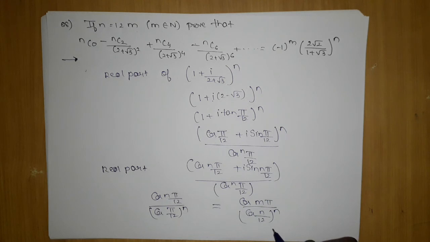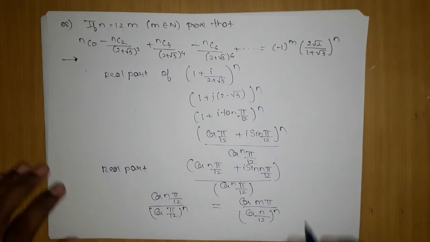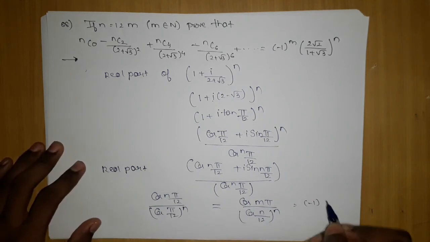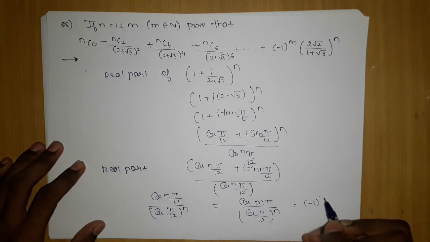Now you know cos m pi means cos of pi multiples, 1 pi, 2 pi, 3 pi, 4 pi, so minus 1 and 1 can appear. Depending upon the m value, you will write it as minus 1 power m.